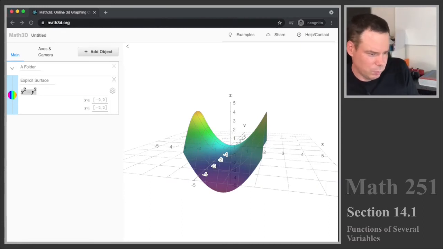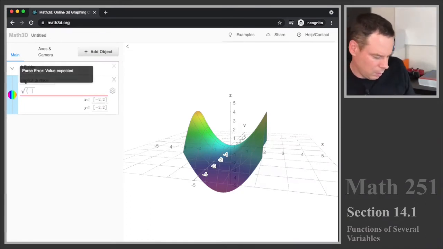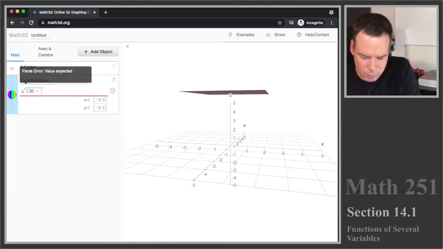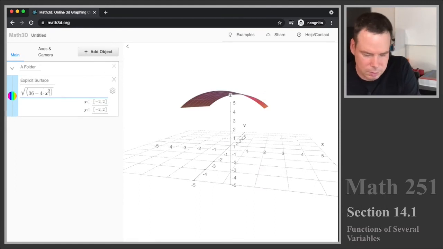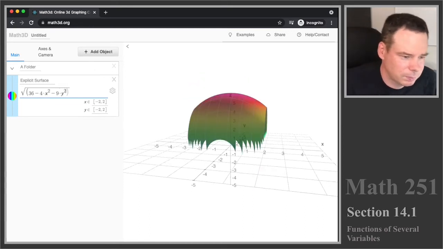That last one was the square root of 36 minus 4 times x squared minus 9 times y squared.